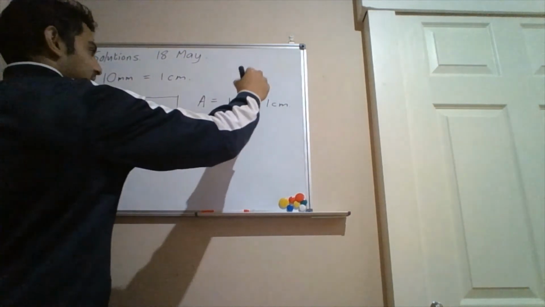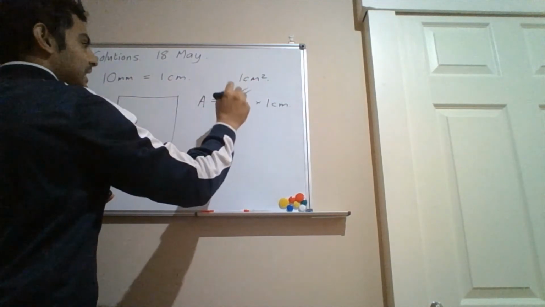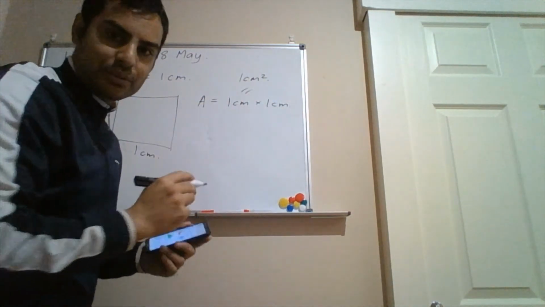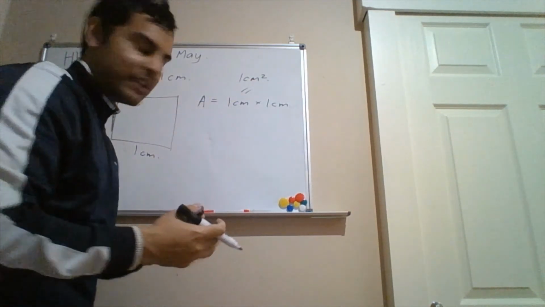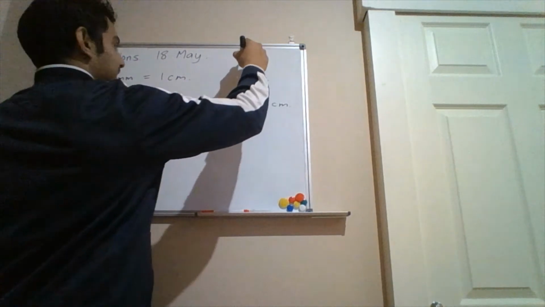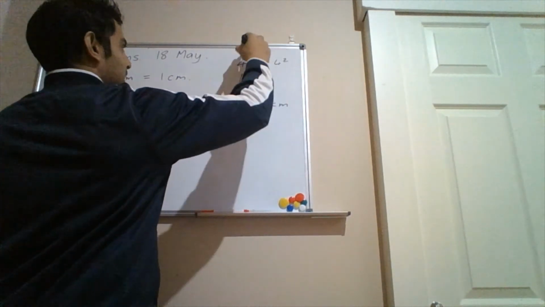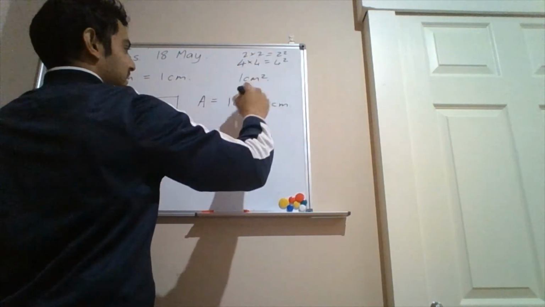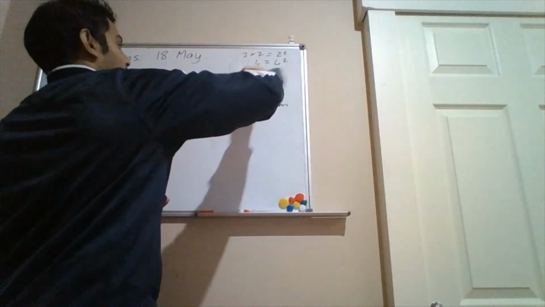That will be the same as 1 centimeter squared. 1 times 1 is 1, and centimeter times centimeter is centimeter squared. So you can almost treat the unit a bit like a number. For example, anything times itself is squared. So 4 times 4 is 4 squared, 2 times 2 is 2 squared, and centimeter times centimeter is centimeter squared.